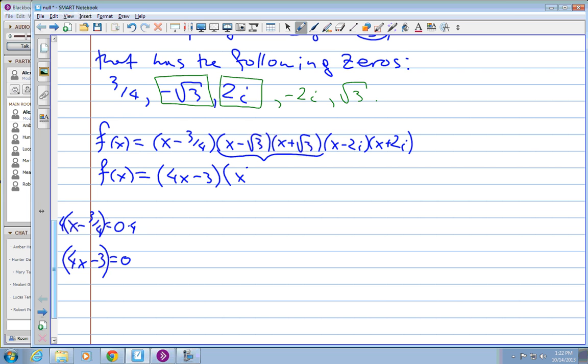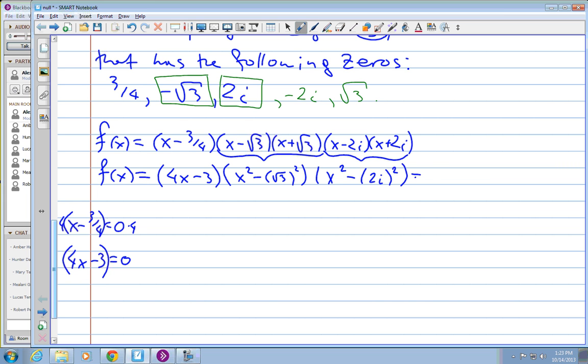So this is x squared minus the square root of 3 squared. So that will get rid of the radicals. And I can multiply the last two parentheses really fast using the same formula, x squared minus 2i squared. Or I can use the product of complex conjugates formula, but anyways.